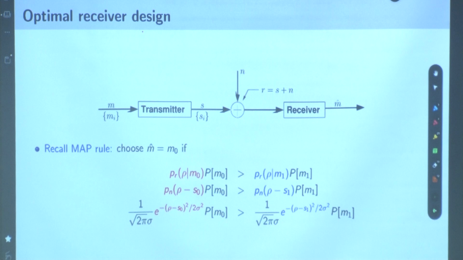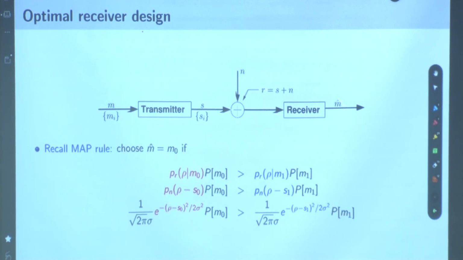So what have we achieved till now? We looked at this Gaussian channel, and we abstracted the transmitter and receiver. The transmitter takes in some message bits and gives us some symbols. And what is the job of the receiver? It looks at the received signal R and then tries to estimate M hat.